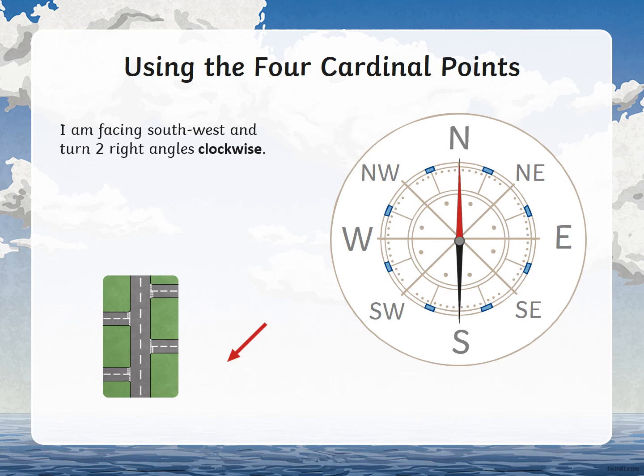Well, if I was to turn 1 right angle clockwise, I would start by facing southwest, but then I would face northwest. And you now work out which direction you would face if you turned another right angle. It would be northeast as the answer.